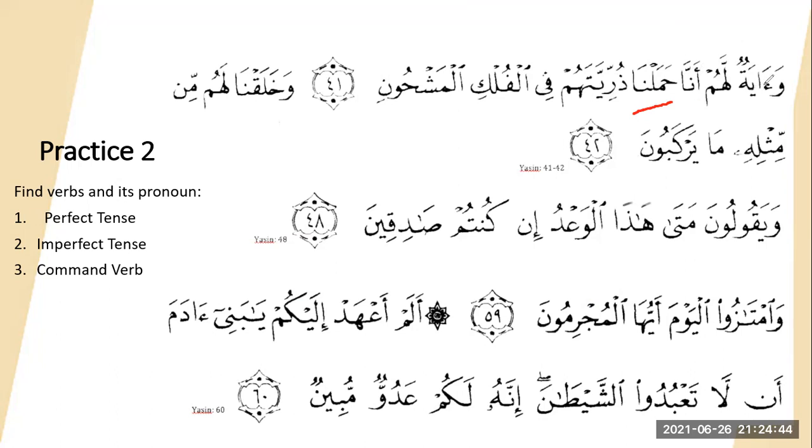Ayatun, noun; fulk, noun; mashhun, noun. Zurriyatahum, maybe you do not know, but I think you can get zurriyat. It can look like a verb, but it's not a verb, it doesn't begin with ya. But that ta is part of the word. So that's vocabulary.